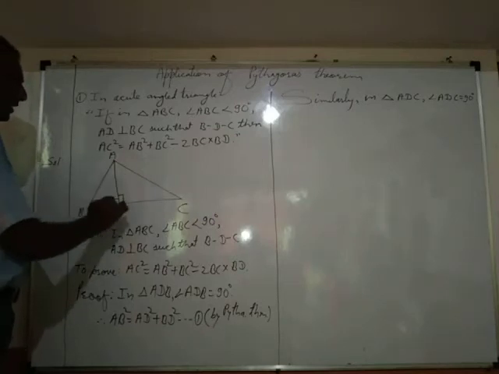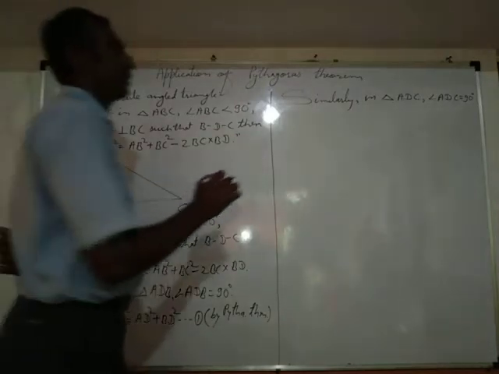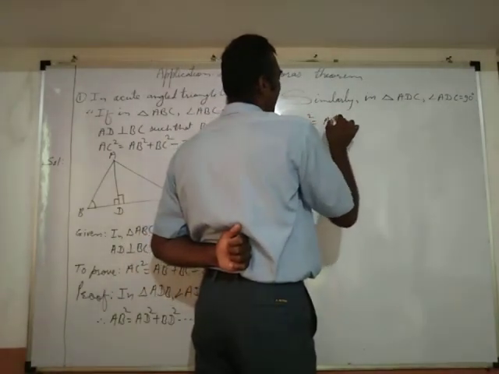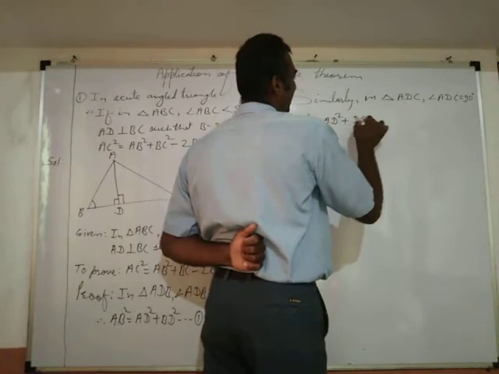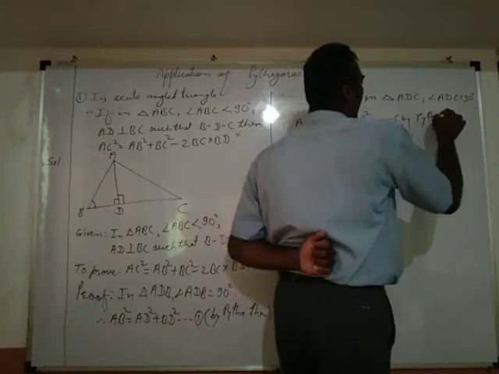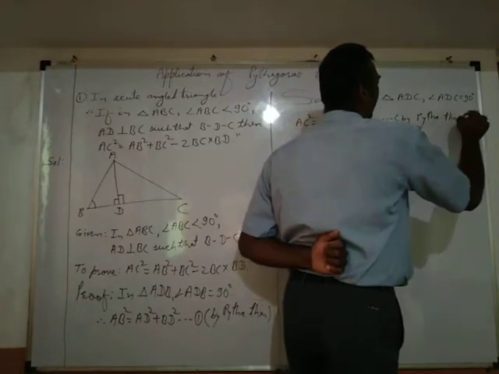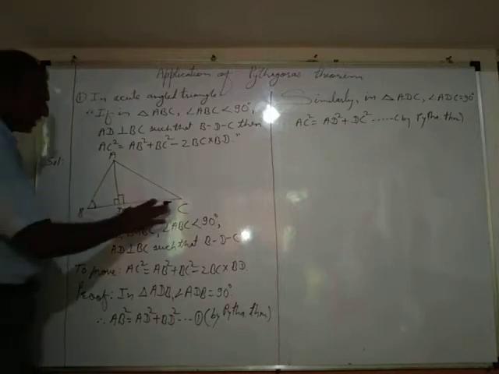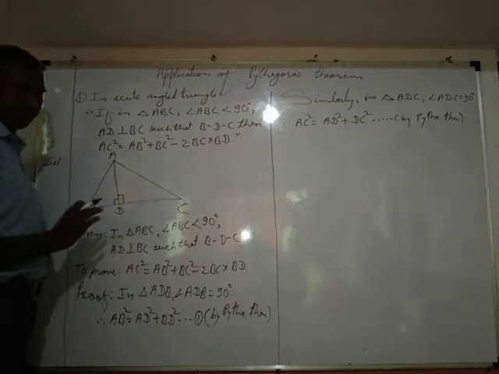AC square equals AD square plus DC square. Therefore AC square equals AD square plus DC square by Pythagoras theorem.